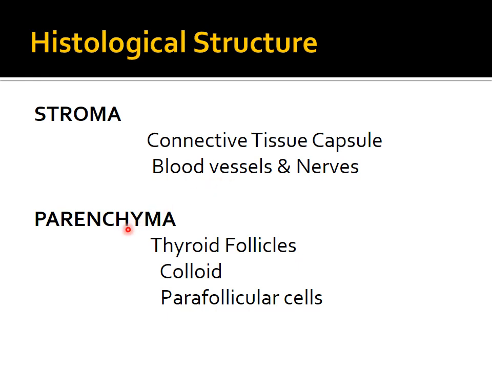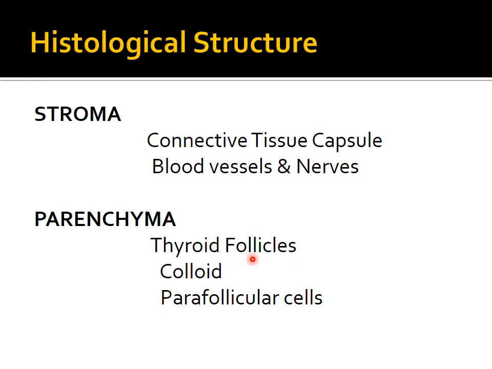And the parenchyma, which is the functional and structural unit of the thyroid gland, consists of, as I have told you, 20 to 30 million spherical cyst-like structures which are lined by cuboidal epithelium.